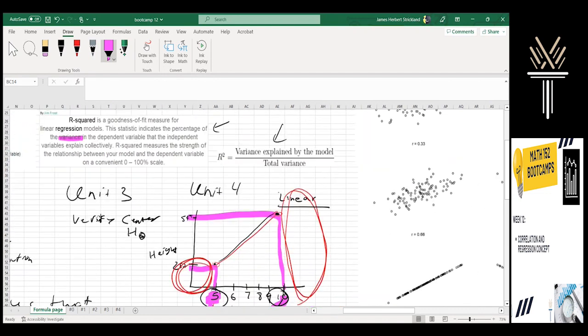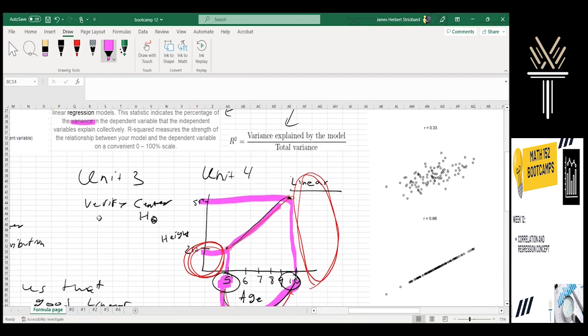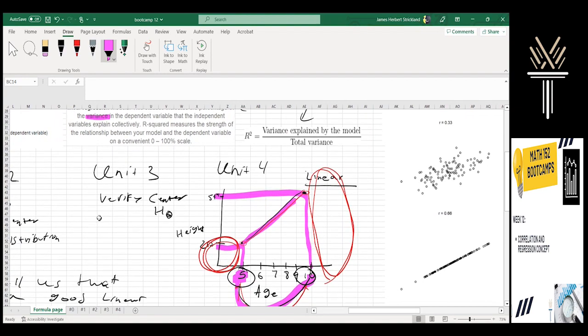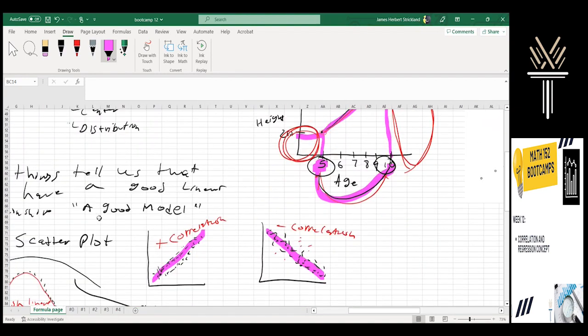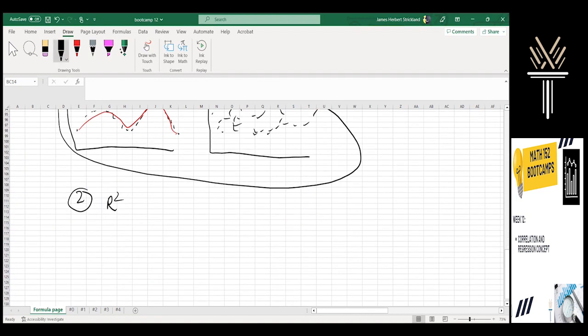When we draw these lines, the data is usually not in a perfectly straight line. The closer the data is changing in the same shape as the line, the higher the R squared. And the higher the R squared, the better the variation is being described by that line. So essentially, we'd want a high R squared to represent a good model.